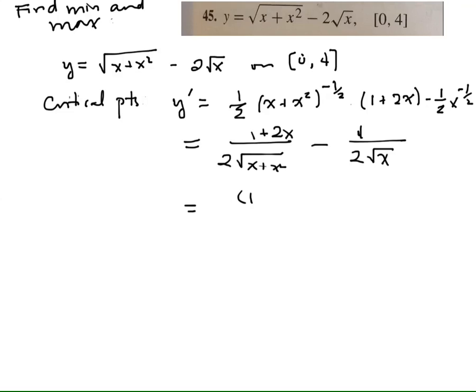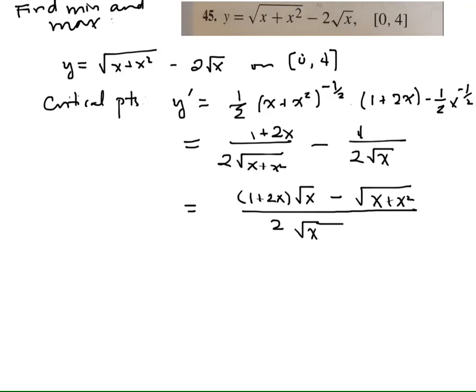So I'll have 1 plus 2x times the square root of x minus the square root of x plus x squared all over 2 the square root of x. I can combine these square roots, okay, since they're getting multiplied together.